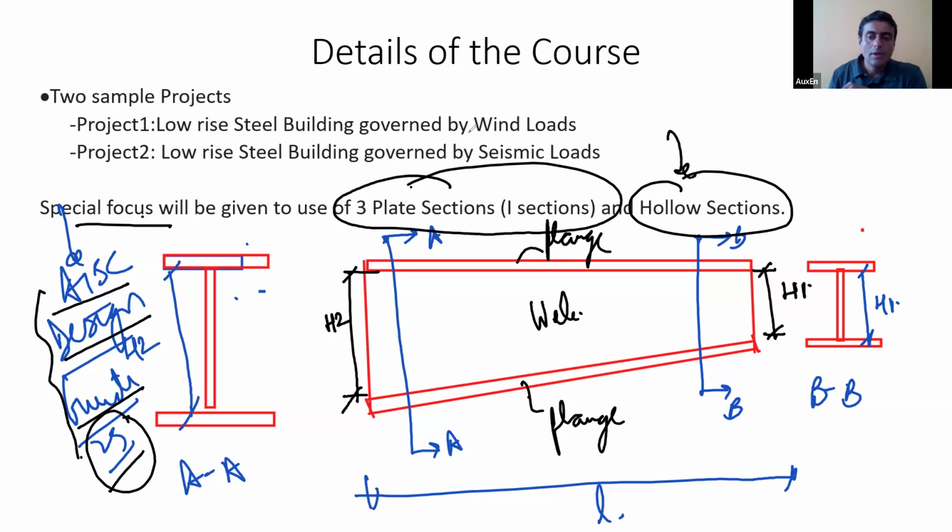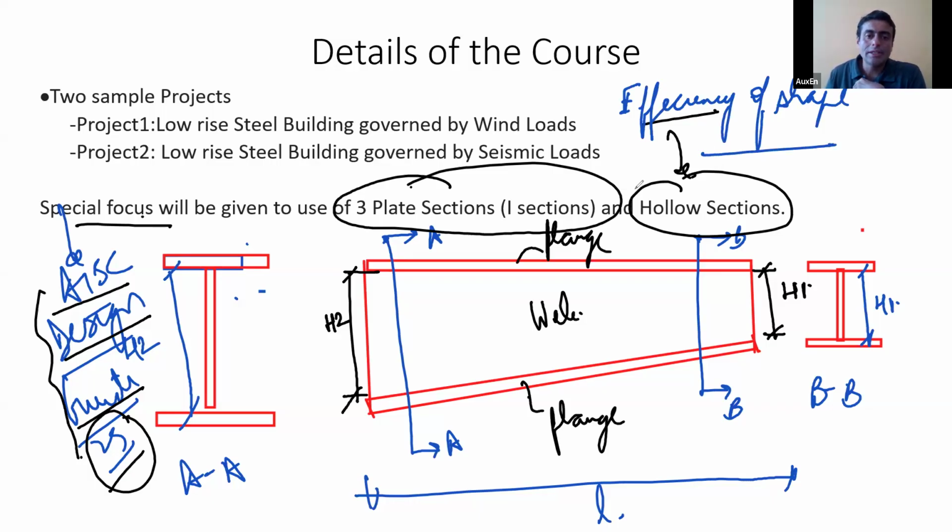Hello. I tried to explain I sections. Hollow sections, why are they quite popular and used a lot? Tell me. So hollow sections offer you great efficiency of shape, and for the least material, you get the most optimum, most economic sections.